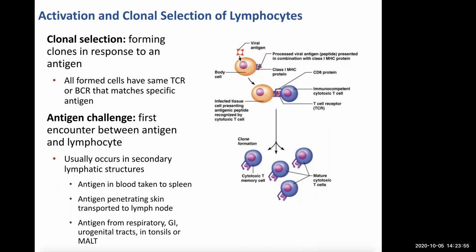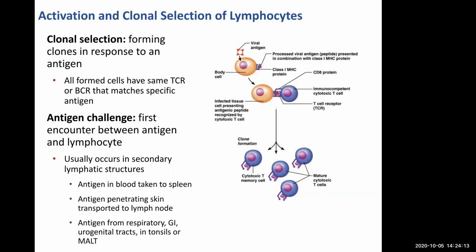As such, all of the antibodies made from that clone are going to be exactly the same. That's why they're monoclonal antibodies. They're all, genetically speaking, from exactly the same plasma cell.